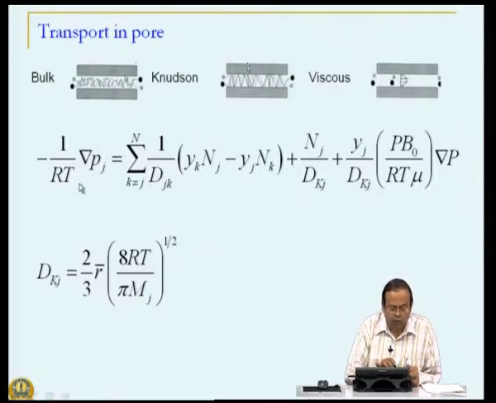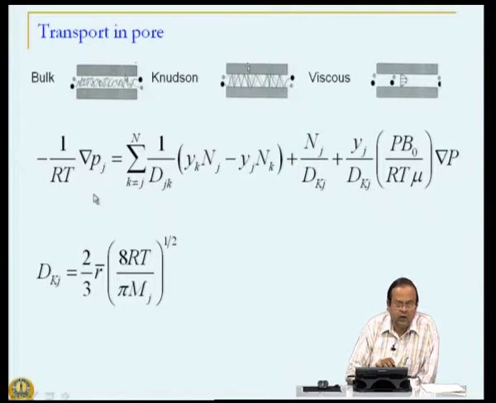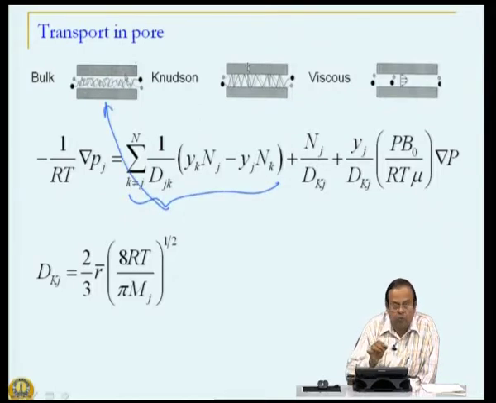And the equation shown over here is actually calculating the total gradient or driving force for the material to flow. It has a first component which is the bulk flow. So, this component represents the bulk flow. So, the flow is due to molecule contact.